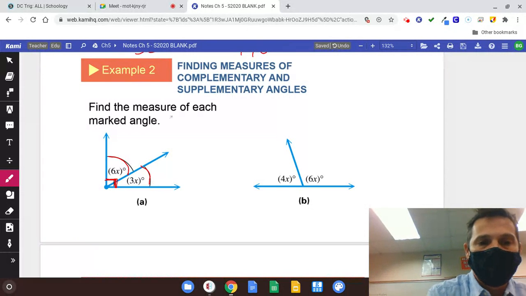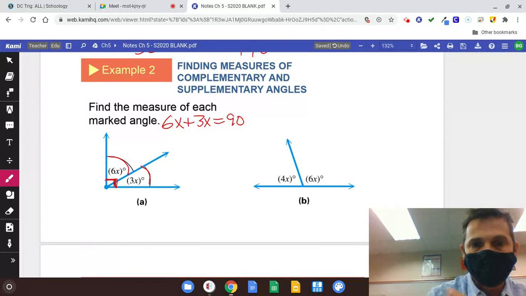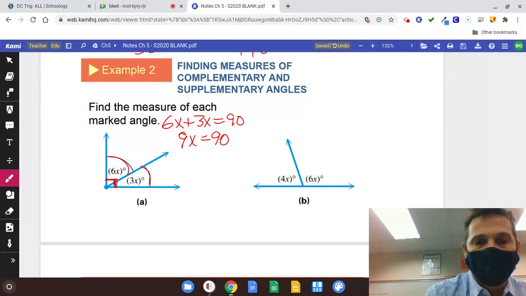So it's an algebra equation. 6x plus 3x equals 90. So we can solve that algebra equation. Like terms give me 9x is 90. And divide by 9, you're going to get x equals 10.